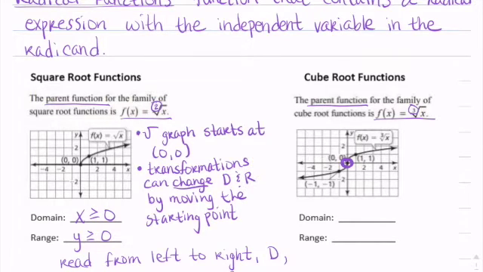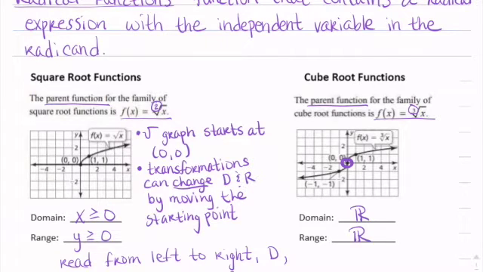However, you'll notice that this graph goes as far as you can think to the left, as far as you can think to the right, and eventually, even though it's not real steep, it is going to go to positive and negative infinity in the y direction as well. So our domain here is all real numbers, and so is our range.